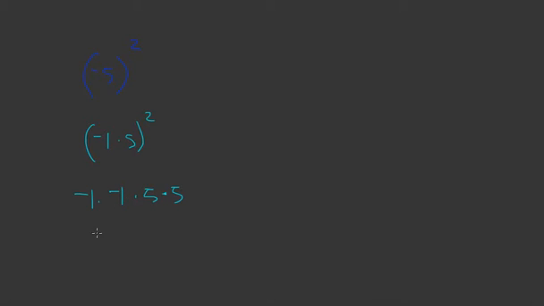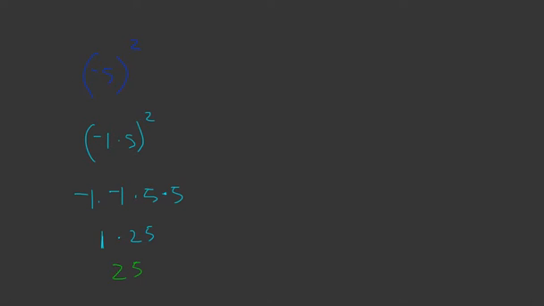So -1 times -1 is a +1. 5 times 5 is 25. 25 times 1 is going to equal 25. So in this case, you would square the -1 because it's in parentheses, all right? And that would be the same for other numbers as well.